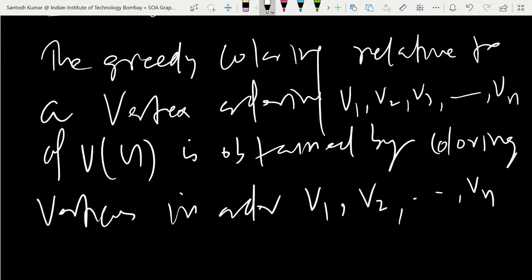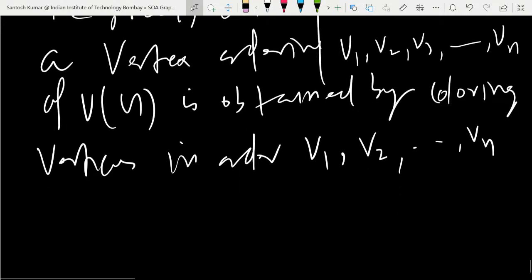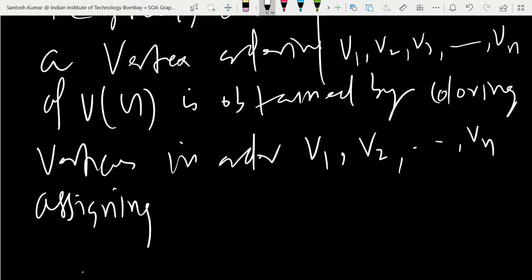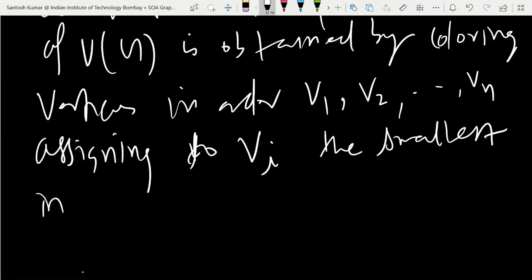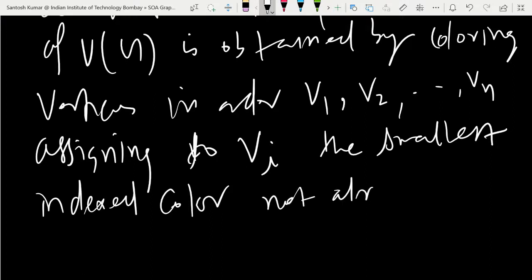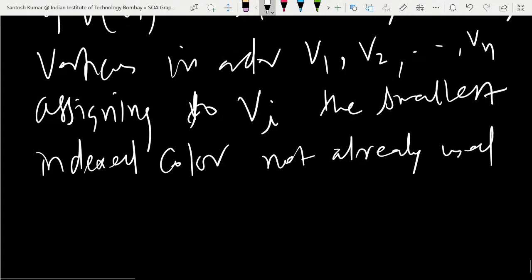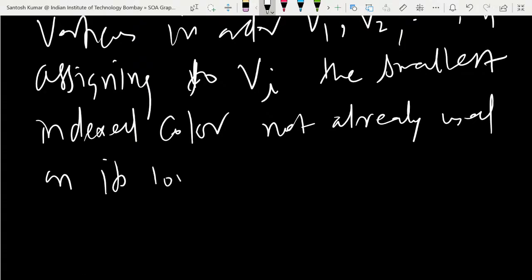You will give color to vn, assigning to vi, the rule I'm saying, the smallest indexed color not already used on its lower indexed neighbors.